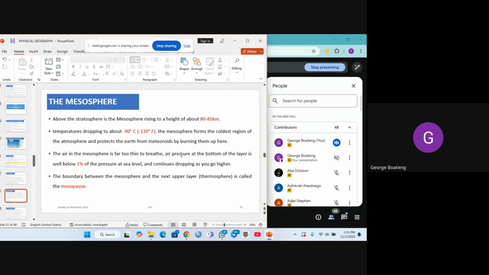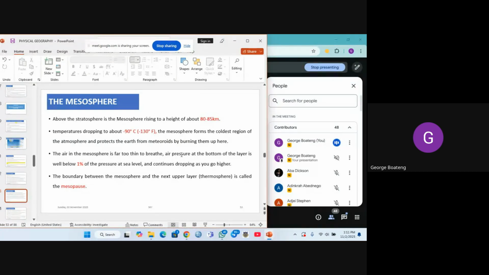So we are saying that the pressure, which at first was very good at the bottom, sea level, has now gone down below 1%. Meaning the higher you go, the more the pressure continues to drop.